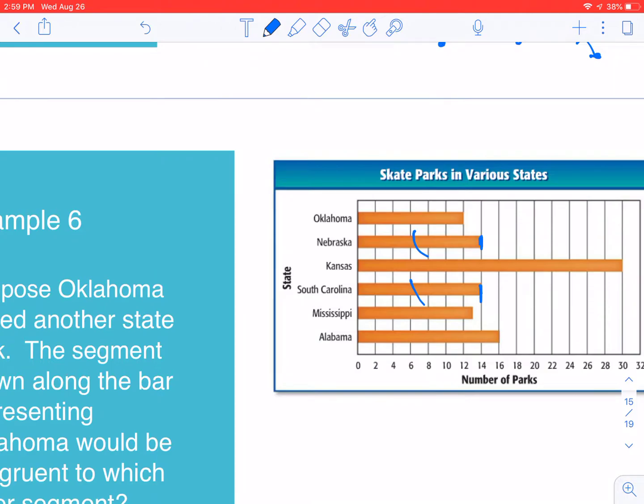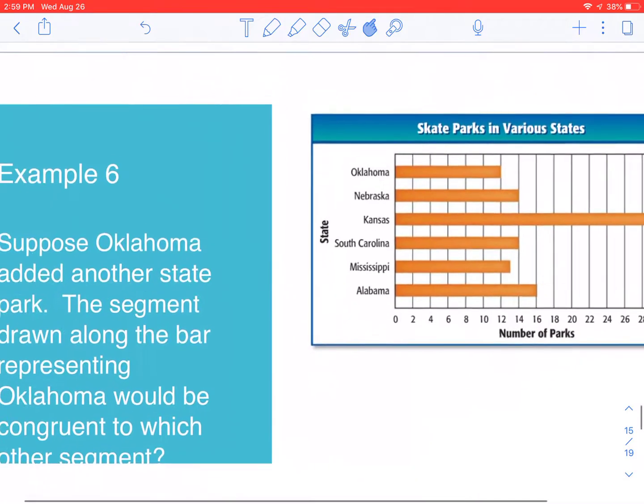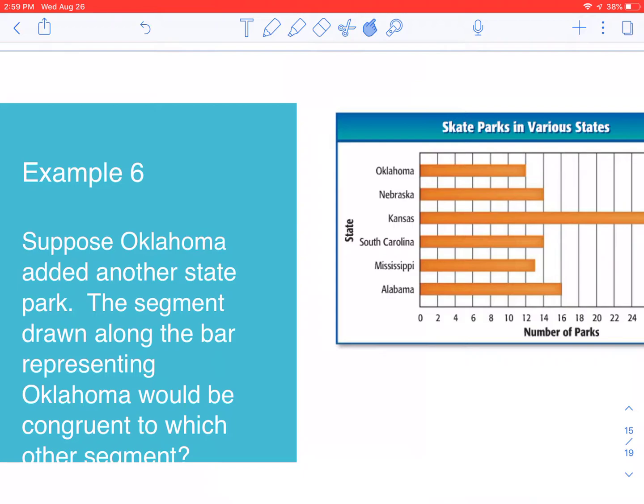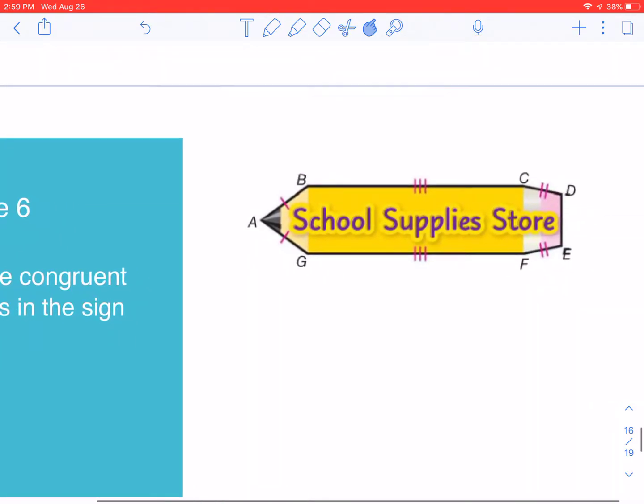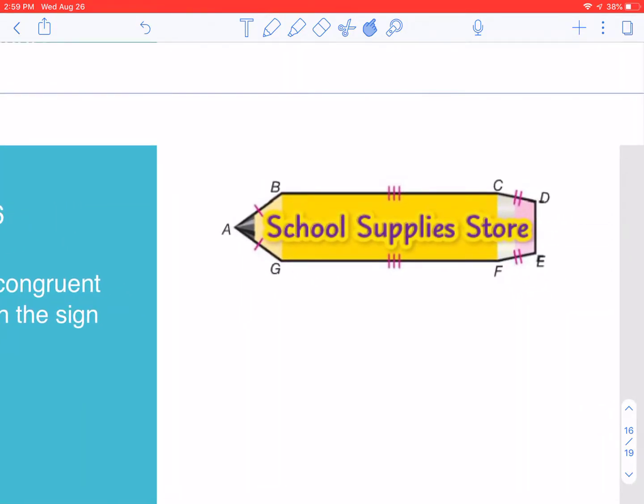Like this is geometry. What it's asking is if I added, so Kansas is 30. Never mind. We're going to move on from that. Not the best example. Here, we're going to name the congruent segments.